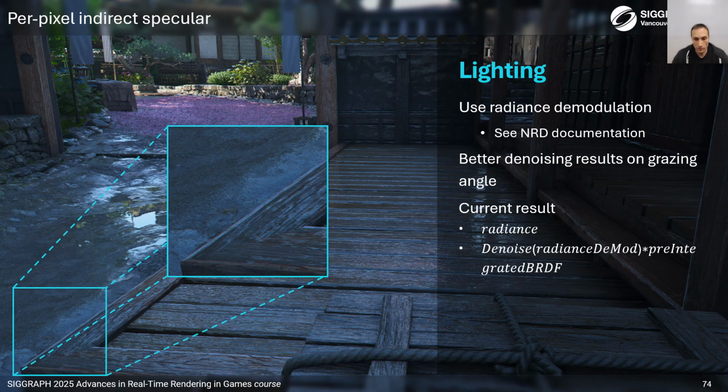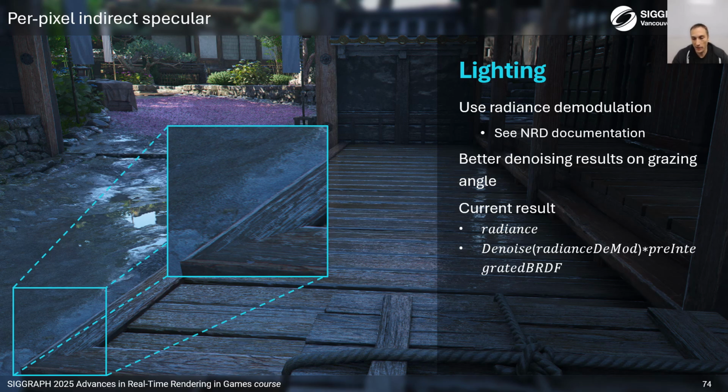There are different ways of doing it. We can just compute the radiance and not take the BRDF into account in the equation, and filter the radiance. That way we don't have the noise coming from the BRDF. And then when the result is finally filtered, we multiply by the pre-integrated BRDF.